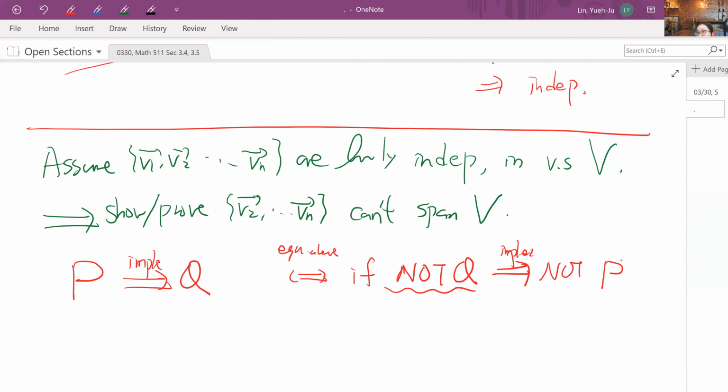We know this is true. But another way to prove it is that if I don't live in Kansas, I cannot live in Wichita. So this is essentially the logic here.